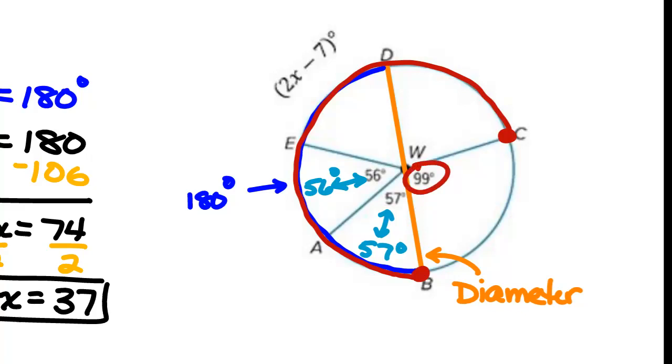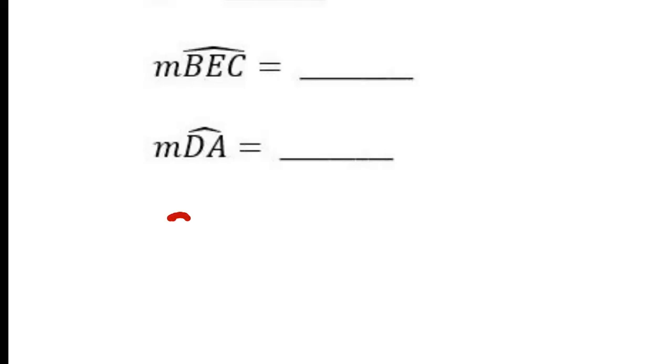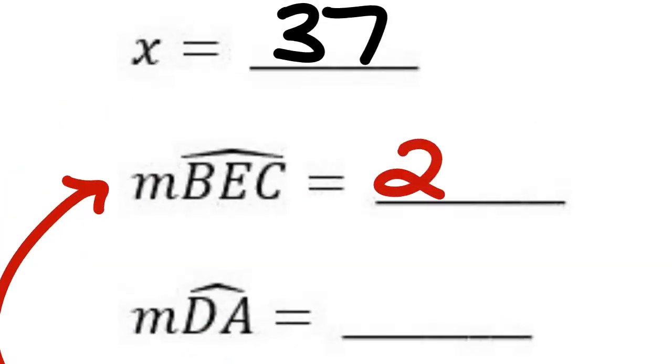Except for these 99 degrees here. How far is it all the way around a circle? 360 minus the arc that we're leaving out, which is 99. And what does that give us? 261.